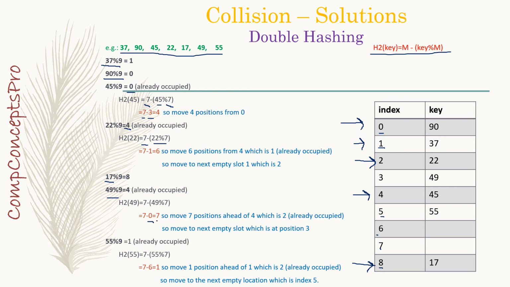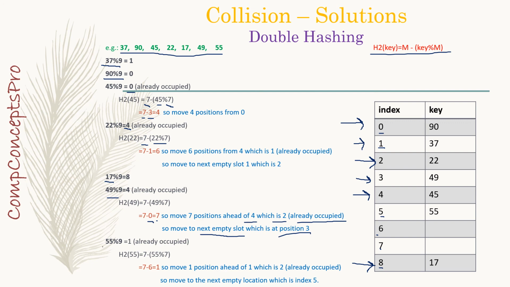So we have to move 7 positions ahead of index position 4. So we will reach index position 2, which is also already occupied. So then we have to move to the next empty slot, which is position 3. So we will store our key 49 at the index position 3.